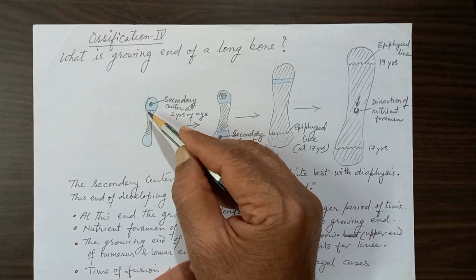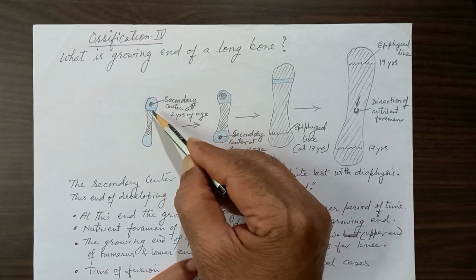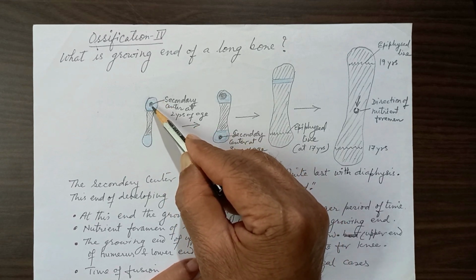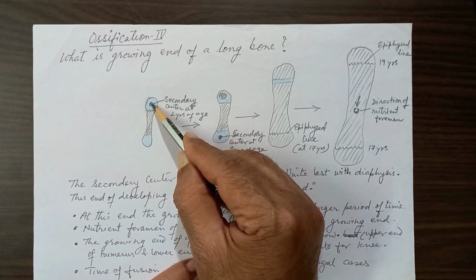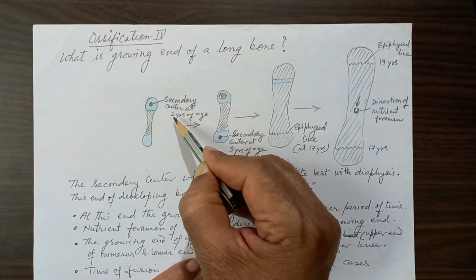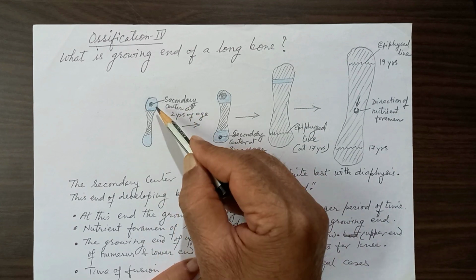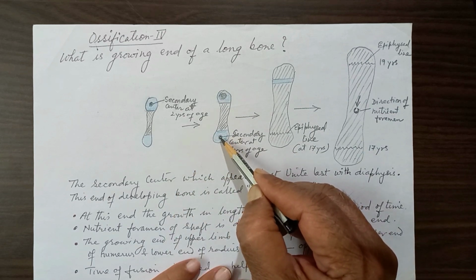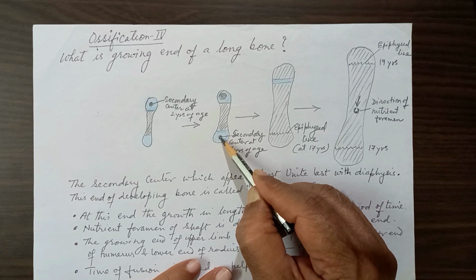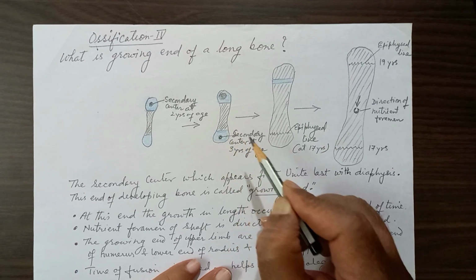Then birth takes place, and after birth one of the ends shows the formation of bone, and that bone formation at one end is called a secondary center. After some time the other end will also show the formation of bone, and this is also a secondary center.